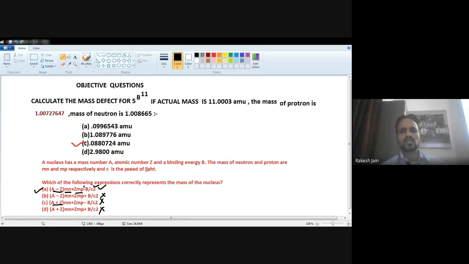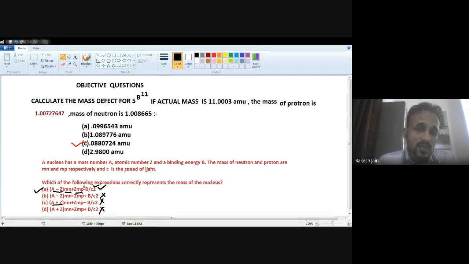All those objectives are related to the numerical approach. That's why I do not want to copy here, because we have already done two numericals and one more numerical in the first objective questions. So these kinds of numerical objective questions are frequently asked. Apart from those, if the objective asks which one is the correct formula, you can directly write it down.